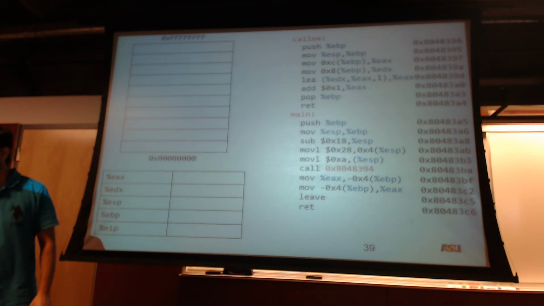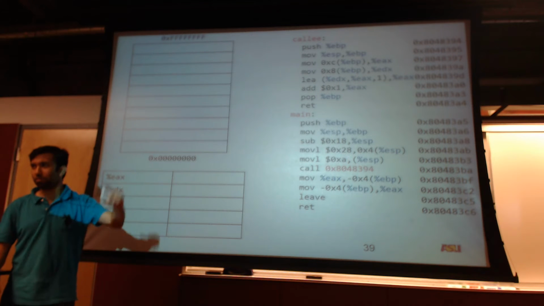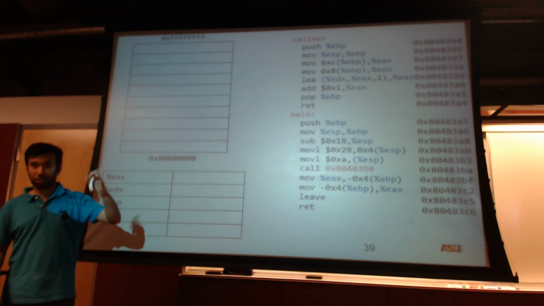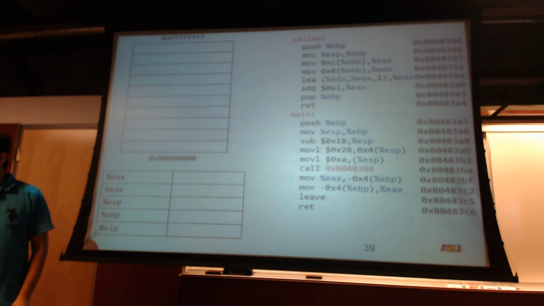But when you run the function, the stack pointer changes, but the base pointer remains the same. You never change the base pointer. So the base pointer basically holds the frame pointer, which means it holds the start of the function frame. So by checking the base pointer, you can check when the function frame started. But the stack pointer roams around. So you can change the stack pointer, but the base pointer remains the same. Right? So that is the distinction between stack pointer and base pointer.